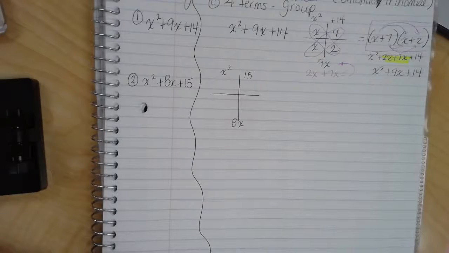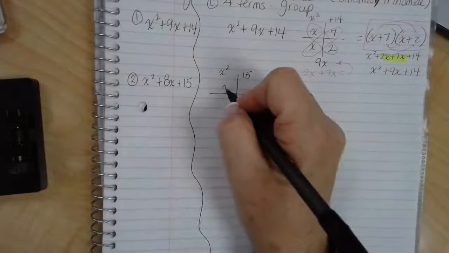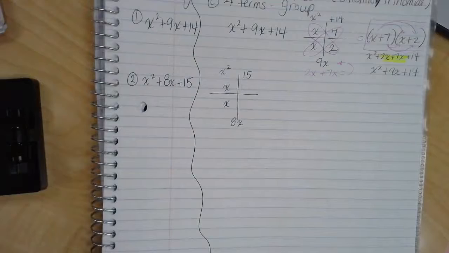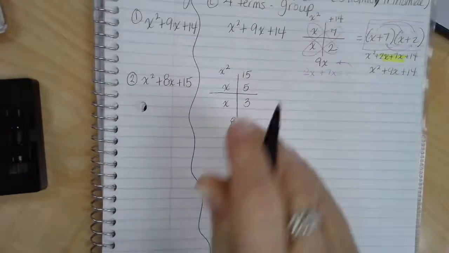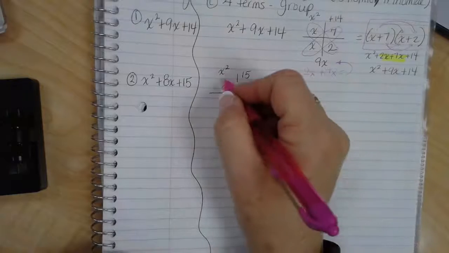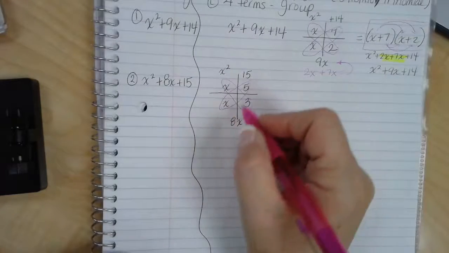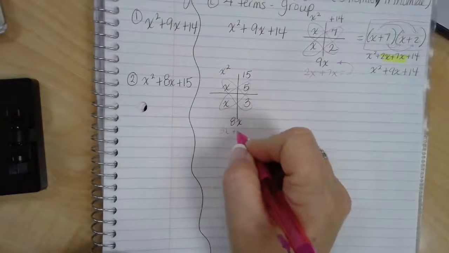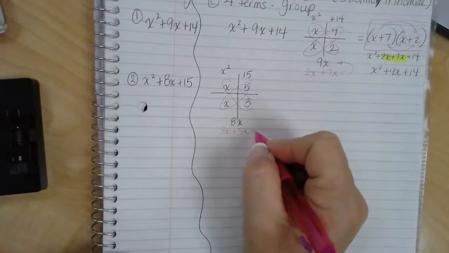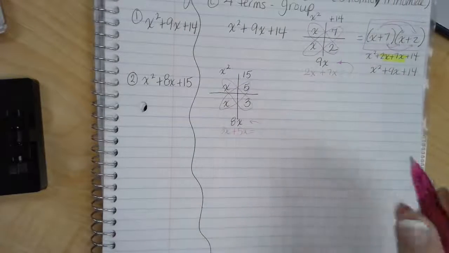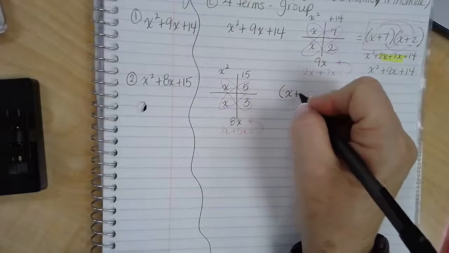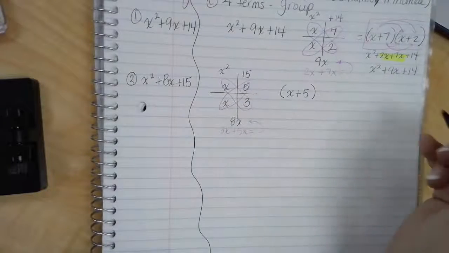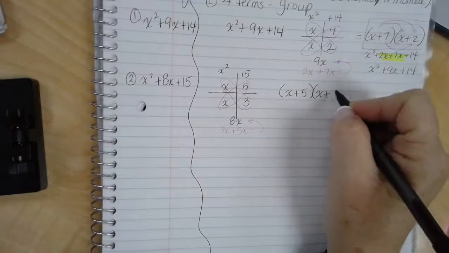So what multiplies and makes x squared? X times x. What multiplies and makes 15? 5 and 3. And if I go like this, I get 3x plus 5x. Does that equal 8x? Yes, it does. Which means my factored form is x plus 5 times x plus 3.